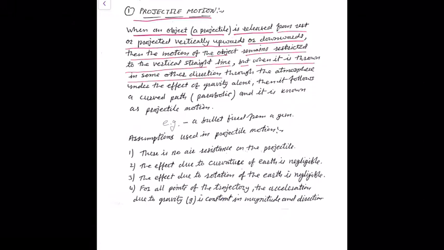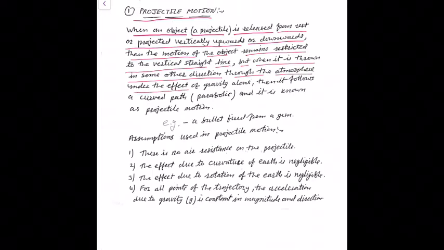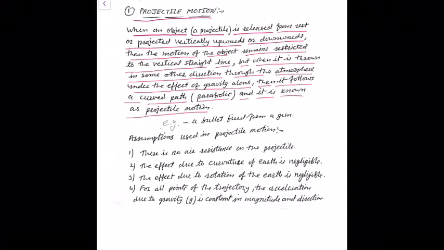But when it is thrown in some other direction through the atmosphere under the effect of gravity alone, then it follows a curved path or parabolic, and it is known as projectile motion. For example, a bullet fired from a gun.